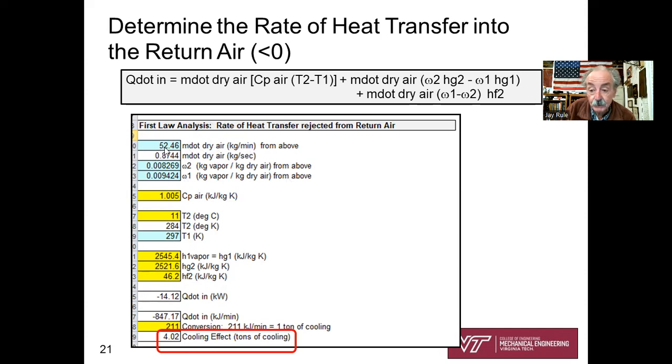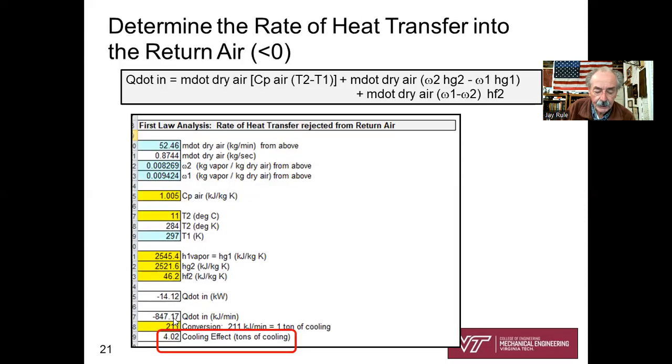Divide this 52 by 60 to get 0.8744 kilograms per second. Okay, so that's why I try to show these screenshots to see some little details that I may have overlooked in explanation. So Q dot N, negative, makes sense, negative 14 kilowatts.